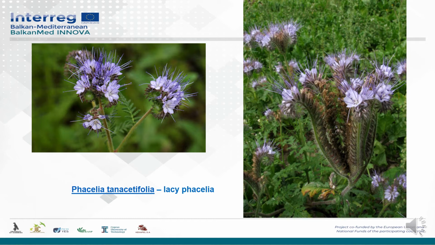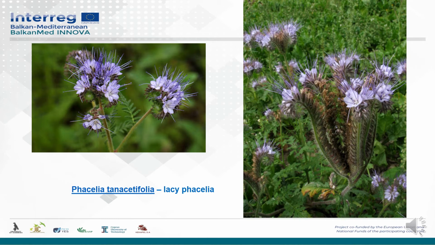And the last one is Phacelia. Sometimes, for example, if we leave the soil in the form of fallow, this plant can grow very, very dense, and then it can be a problem.